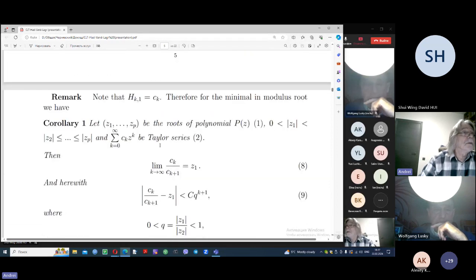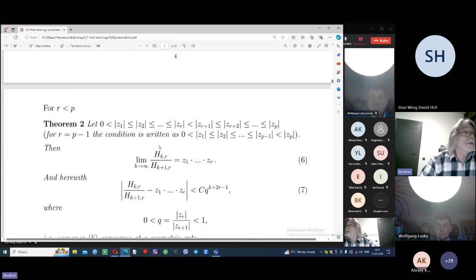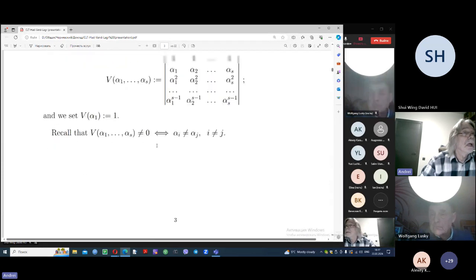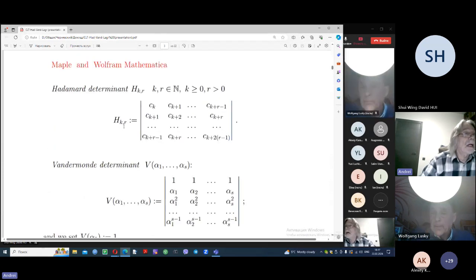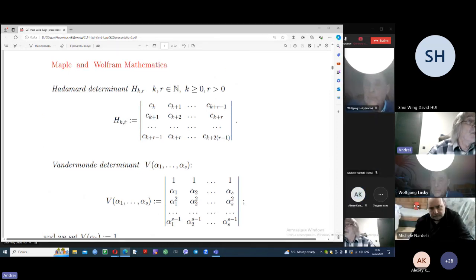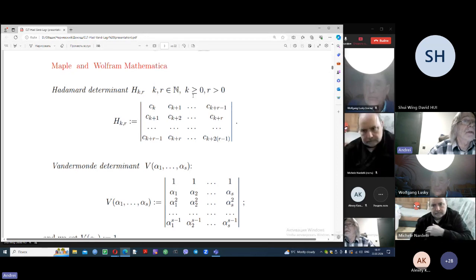So first of all, note that Hk(1) is simply ck, simply this coefficient.